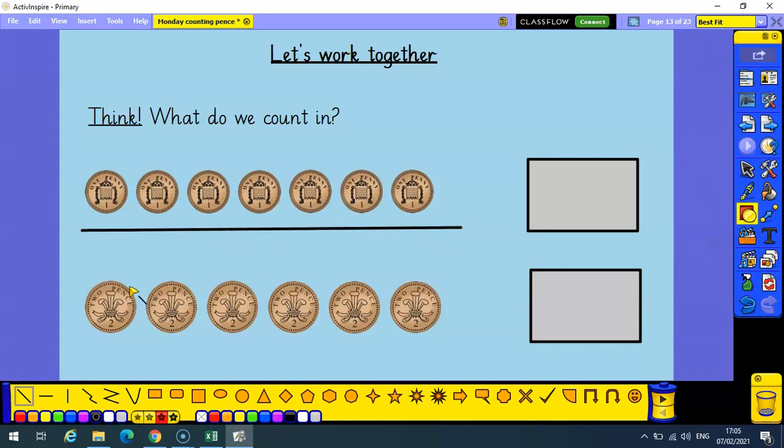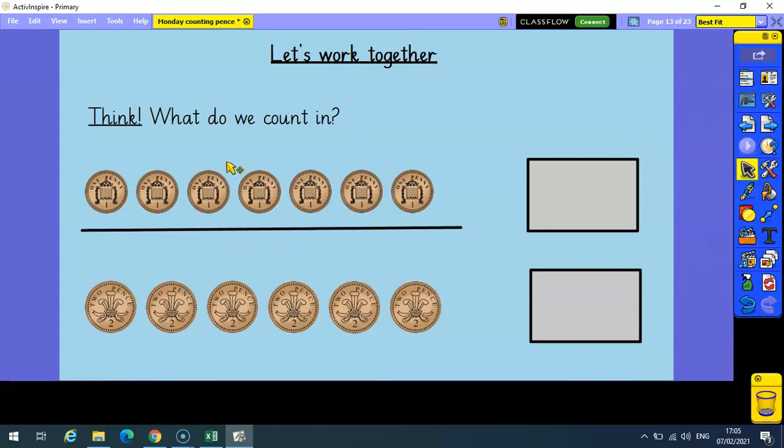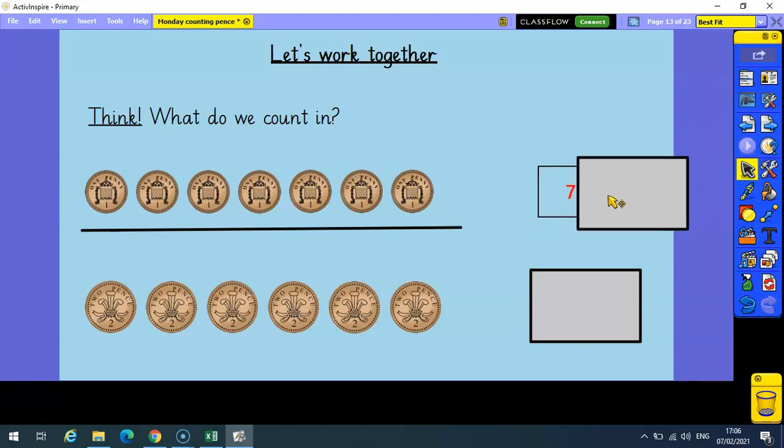Let me count the 1p's. 1, 2, 3, 4, 5, 6, 7. 7. But when we're doing money, we never forget to put the correct symbol on. So we don't just write the number 7, we write 7p. So you need the little p afterwards.